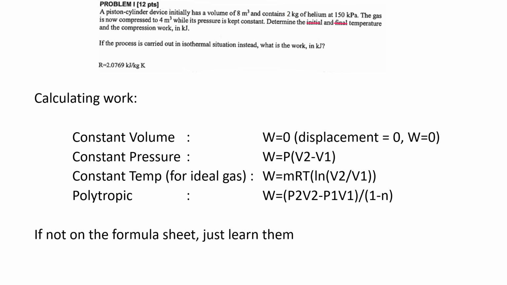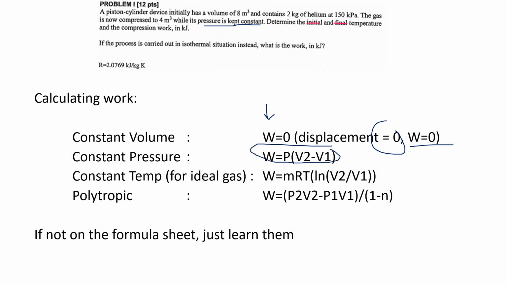So to calculate the work, we have a few equations. Constant volume, right? If the volume doesn't change, work is force times displacement. If your displacement is 0, your work will be 0. So that's pretty easy. Then we have constant pressure, which is our situation here. It's this one.